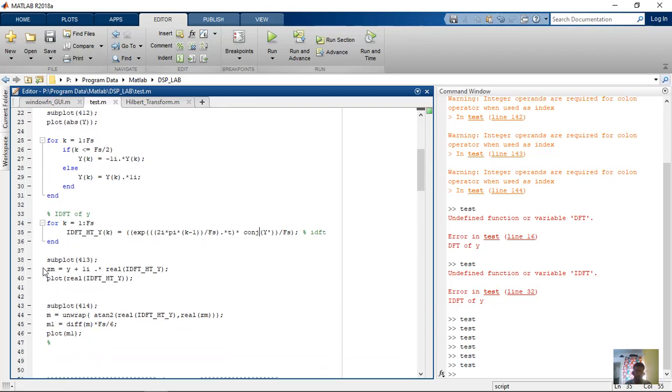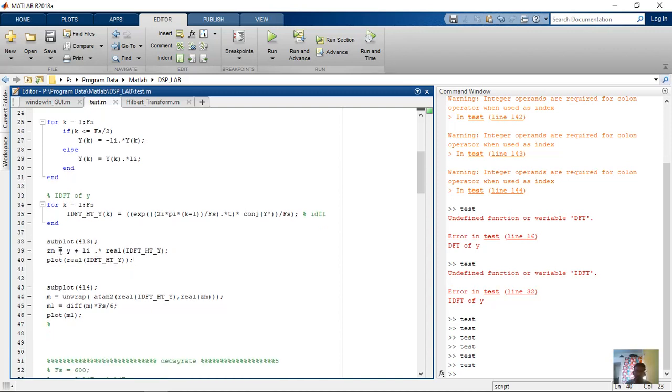Now we make the total analytic function with the given signal y and the Hilbert transform. So now we got the signal, and this signal has all the magnitude, phase and amplitude response that we are interested in. We are trying to find the amplitude and the phase of the signal.